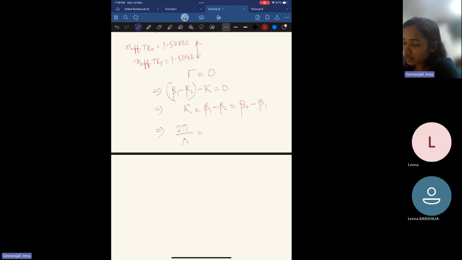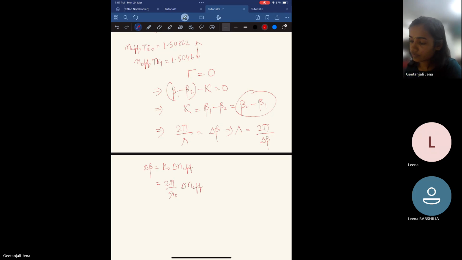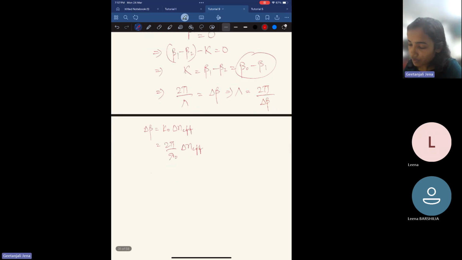Let's say this is delta beta, right? We need to find the grating period, which is 2 pi over delta beta. Delta beta is K0 delta n effective, where K0 is 2 pi over lambda 0.